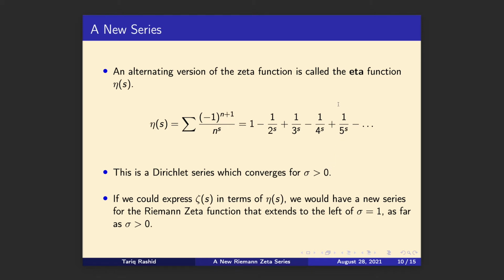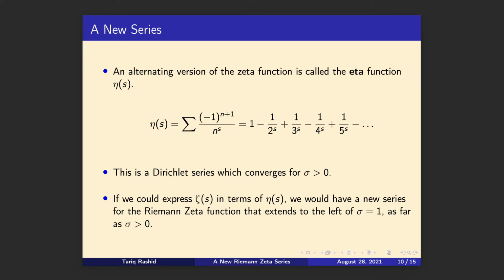So if we could express zeta in terms of this function, then we would have a new series for the thing that we're really chasing, the Riemann zeta function. We would have a new series for it that has a slightly bigger domain. It then converges to the left of sigma equals 1 up to sigma more than 0. So that's what we're going to try and do.